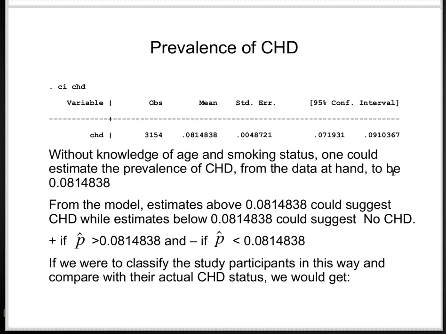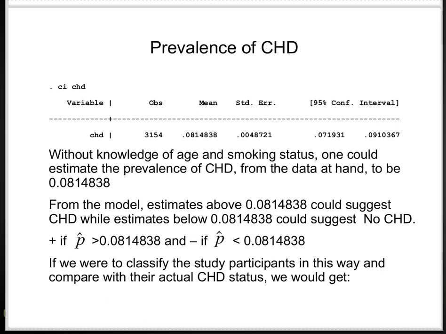So we could argue that, well, if I didn't have the model, if I didn't have any knowledge of the person's smoking status or their age to determine a prediction, I might just use a statement that roughly 8% of individuals in such a study will have coronary heart disease. But it doesn't really help us directly without the model, right?